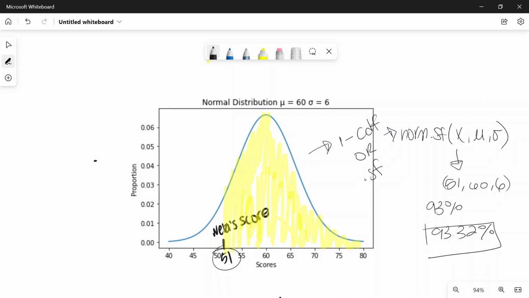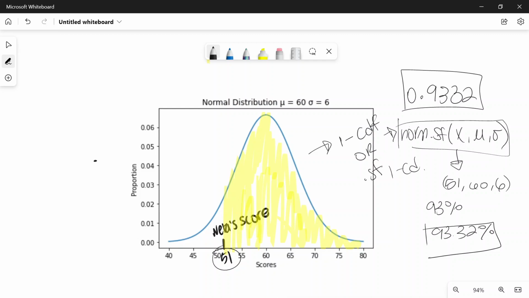In other words, 0.9332 was the proportion of students who scored higher than Neta, or the scores that were above Neta's score, however you want to word it. But that's pretty much it. And the equivalent to this would just be 1 minus CDF with the same values.